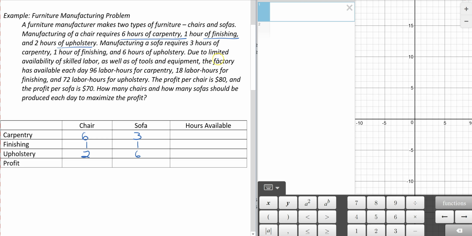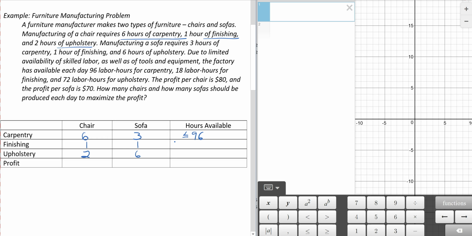We know that due to limited availability of skilled labor, as well as of tools and equipment, the factory has available each day 96 labor hours for carpentry. No more, but it could be less. So for carpentry, it's at most 96. So I write less than or equal to 96 there. I could also write the words at most 96.